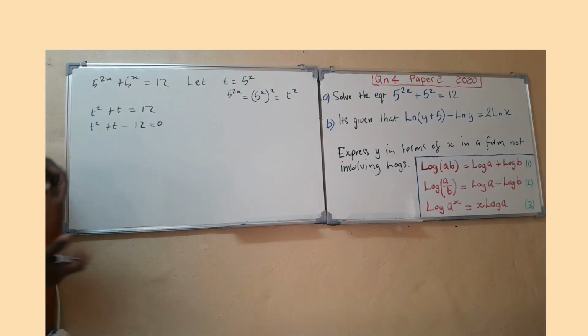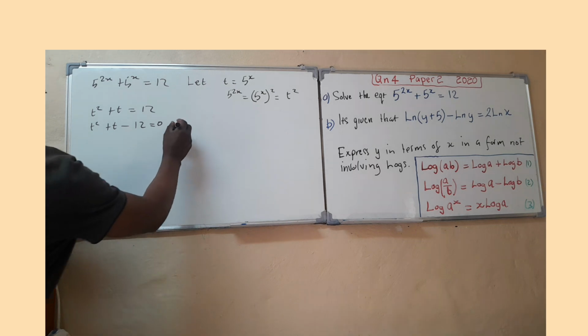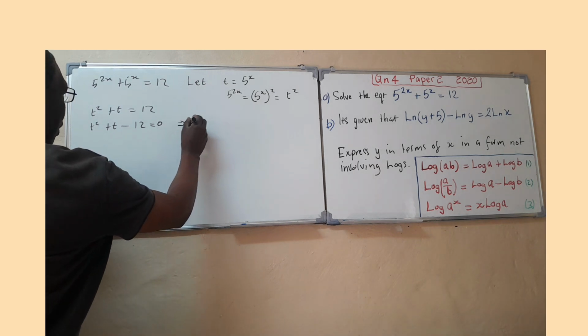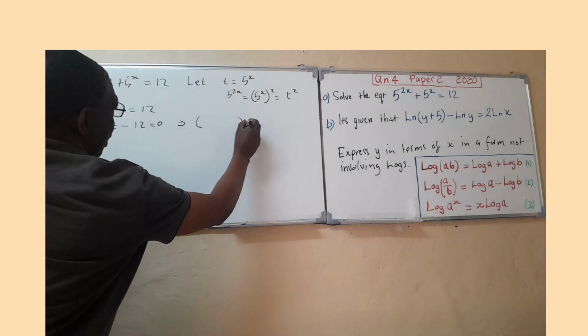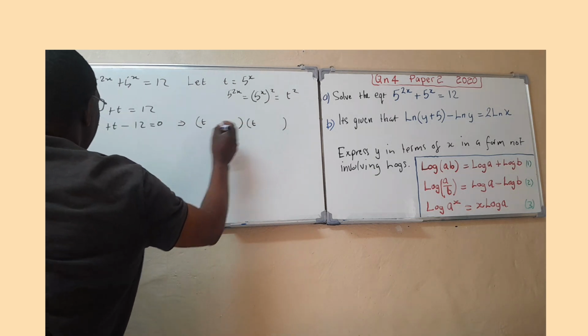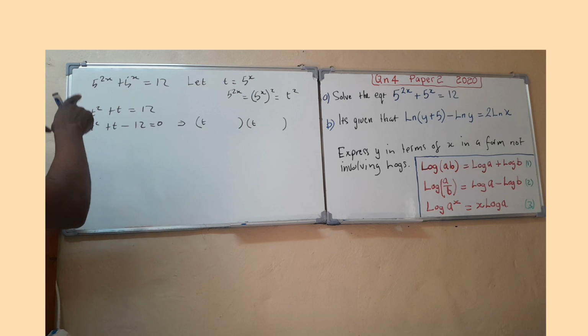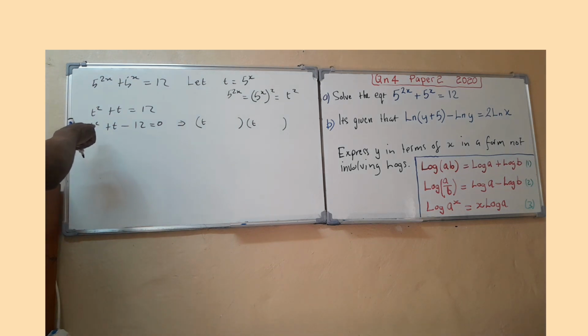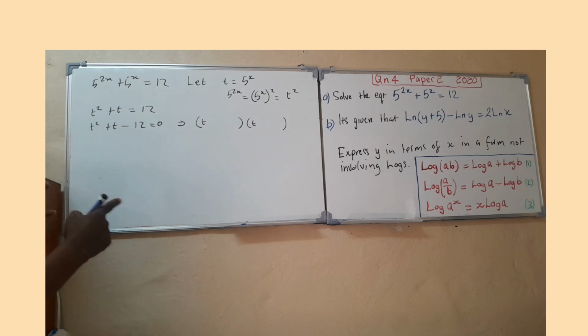We're now dealing with a good old quadratic equation, which we can factorize into two brackets, with a t in each. What are the factors of minus 12 that add to 1? Is it 2 and 6? No. Is it 1 and 12? No. Is it 3 and 4? Sounds like it.